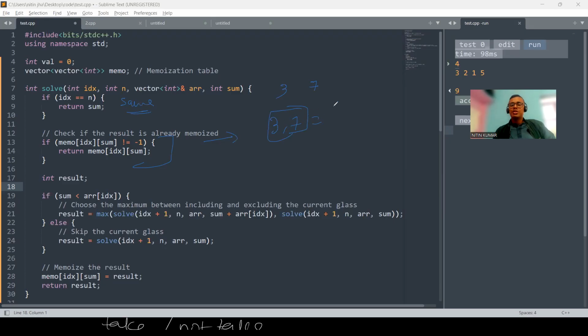Again, if I visit that path, I do not have to do the same process after this again, because when I reach 3 cross 7 again, I get the value stored there previously as the maximum value. So I don't have to perform the same process again. I just go there and fetch that value. So this is the benefit of DP.